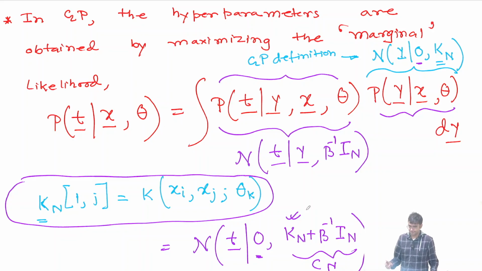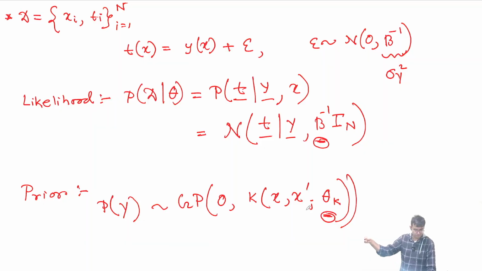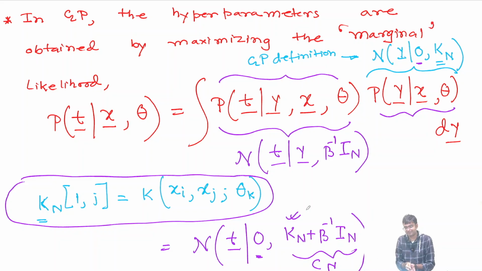The other point is that theta k has come into the picture. Previously in the likelihood there was no theta k, but theta k is unknown. In the marginal likelihood, theta k has come into the picture. So in one shot, by maximizing this, you are finding the likelihood parameter beta and the prior parameter theta k. Also, whatever is unknown has been integrated out. That's how it helps.